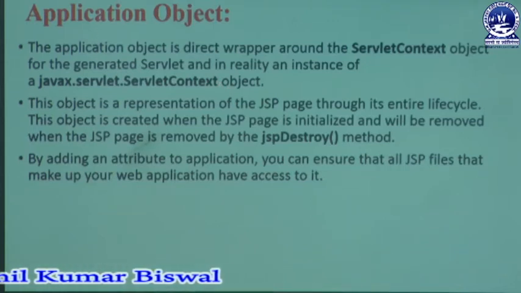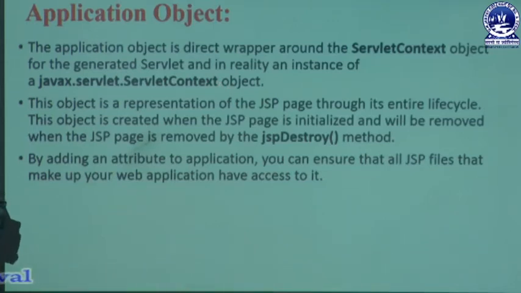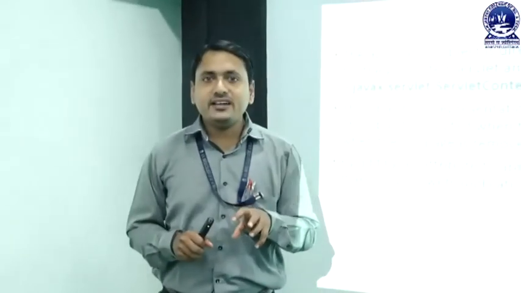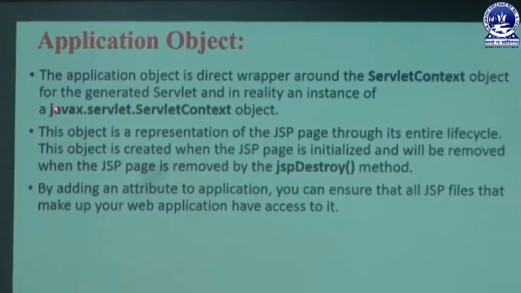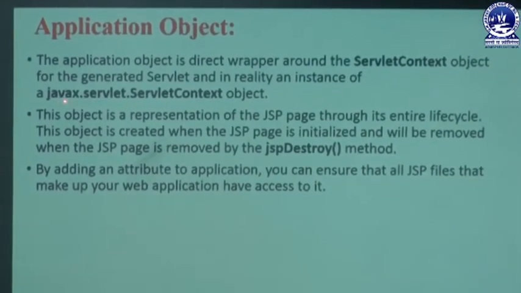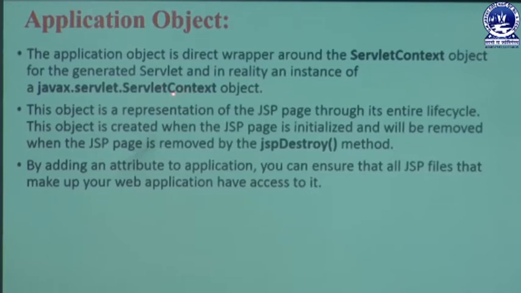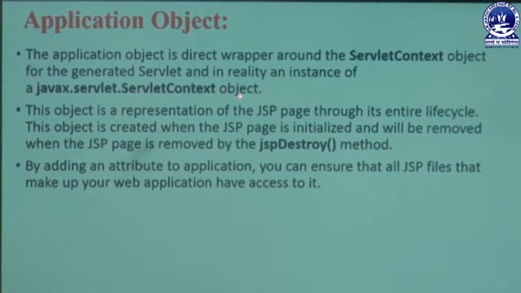That means this application object is one type of implicit object which is specially used to retrieve some specific application information which is related to our JSP page. By using that application object we can easily retrieve some content which is written in our javax.servlet package, known as the ServletContext object.